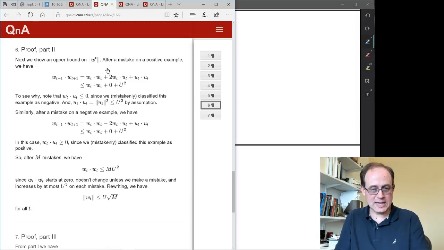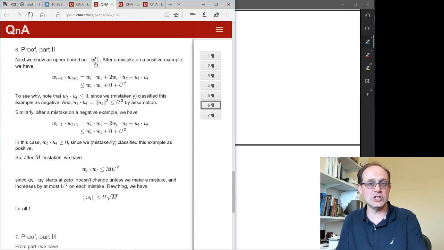After a mistake on a positive example, again, the norm of wt doesn't change if we don't make a mistake, because wt doesn't change unless we make a mistake. We're going to prove it by induction, and look at how wt is updated in case we make a mistake.